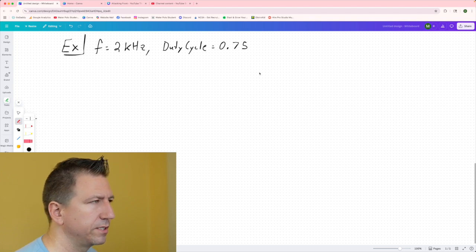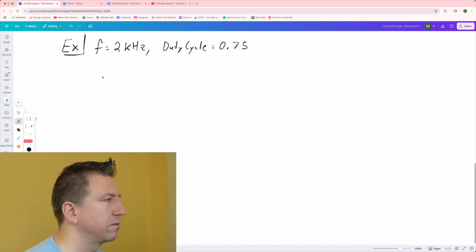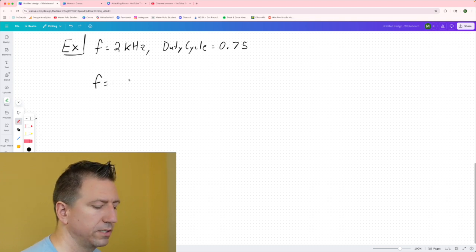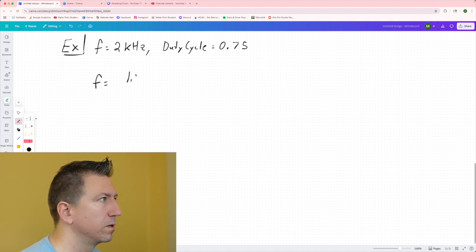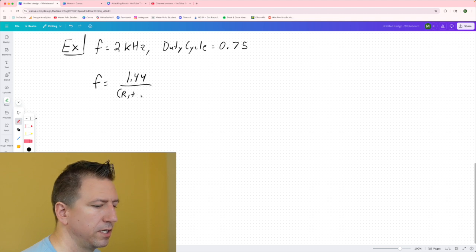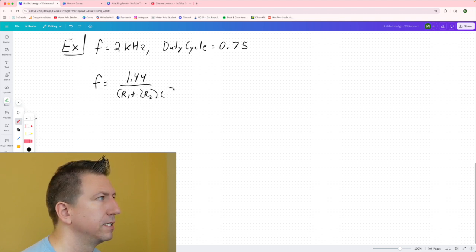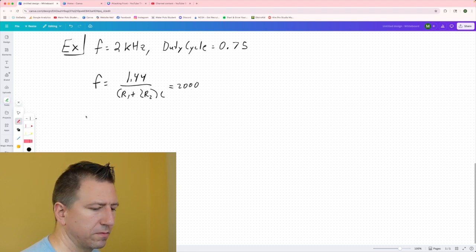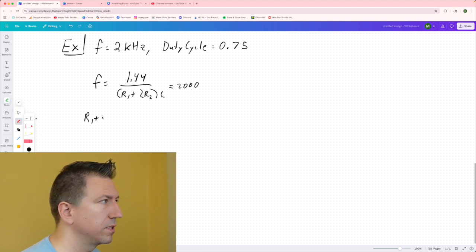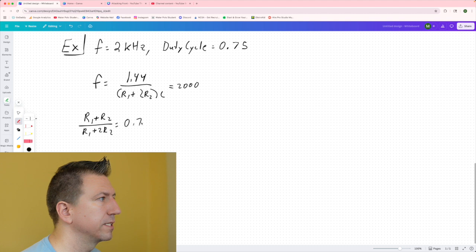I can plug those into the two equations that I want to use as my design equations. I'll use the frequency one: 1.44 over (R1 + 2R2) times C is equal to 2000. That's one. And the second one is that (R1 + R2) over (R1 + 2R2) is equal to 0.75.